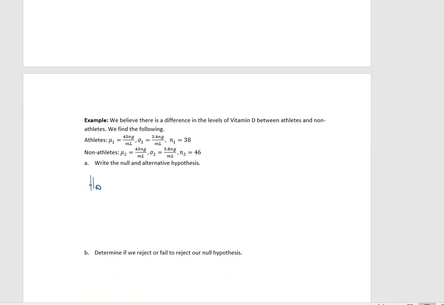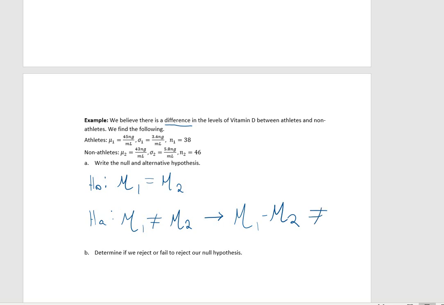Remember, the null hypothesis is that we think mu1 is equal to mu2. Our alternative hypothesis, well, we just say there's a difference. We don't know if it's higher or lower, so we think that mu1 does not equal mu2. Again, if we subtract mu2 from both sides, that's the same thing as saying mu1 minus mu2 does not equal 0.